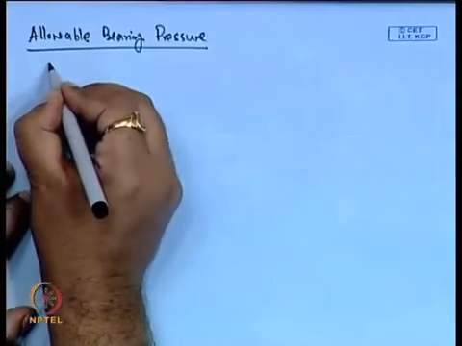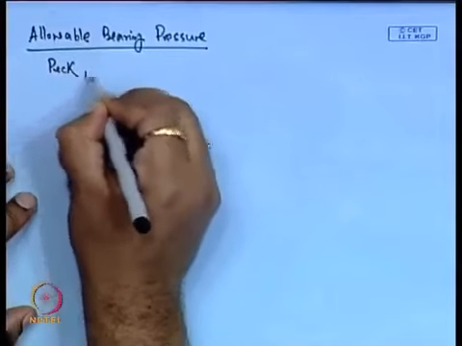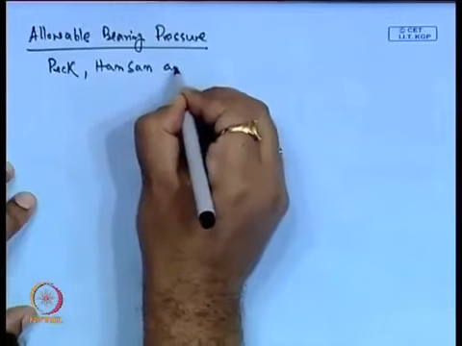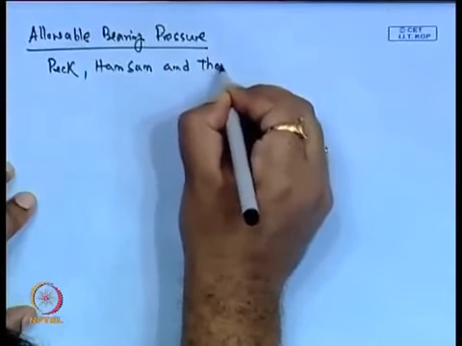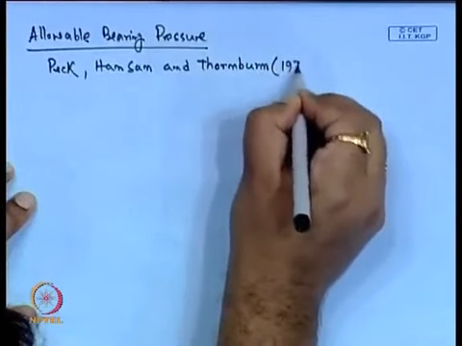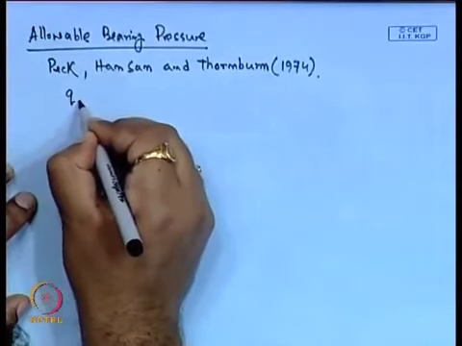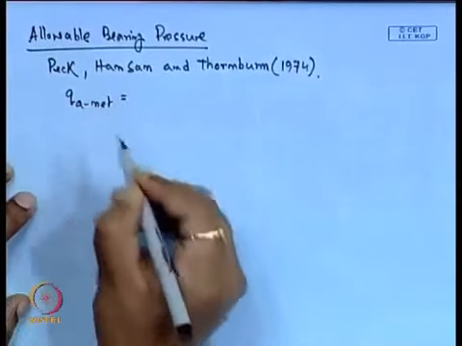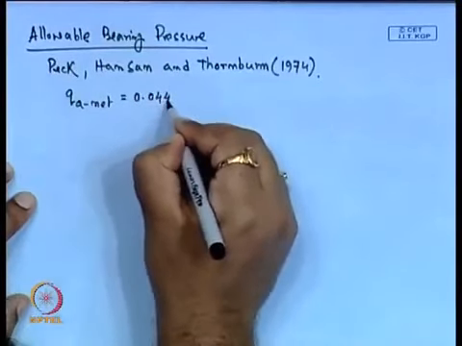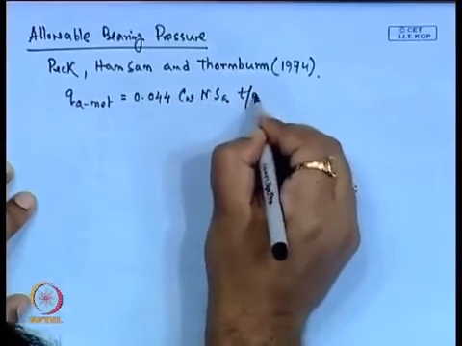Here I will discuss only one correlation, that is given by Peck, Hansen and Thornburn. In 1974, they proposed that the net allowable we can determine by using this correlation, this is Cw in S ton per meter square.